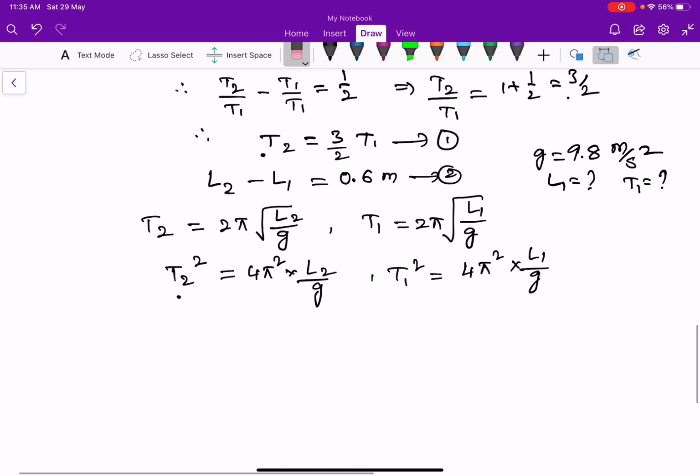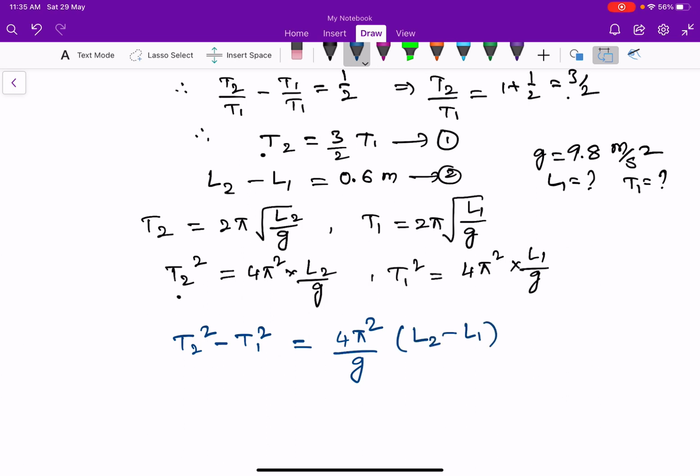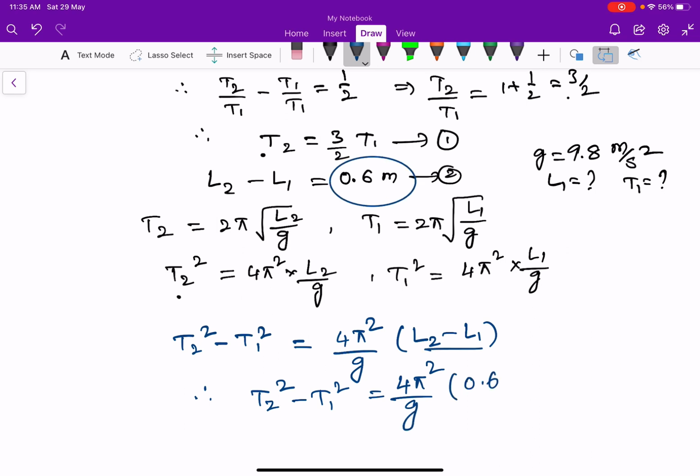I am doing T2 square minus T1 square is equal to 4 pi square by g into L2 minus L1, which is 0.6.